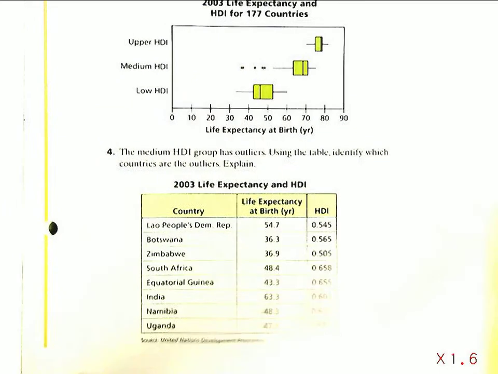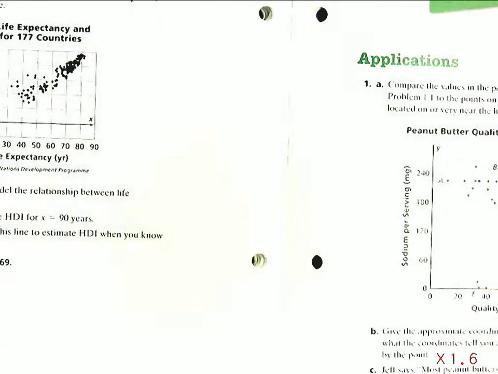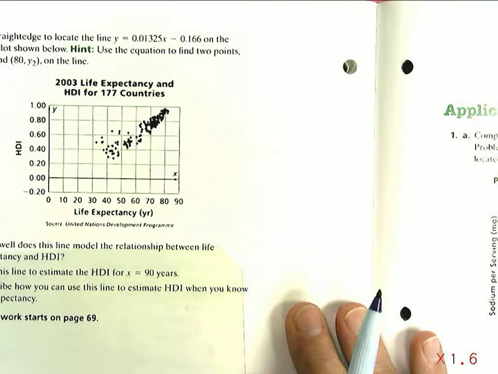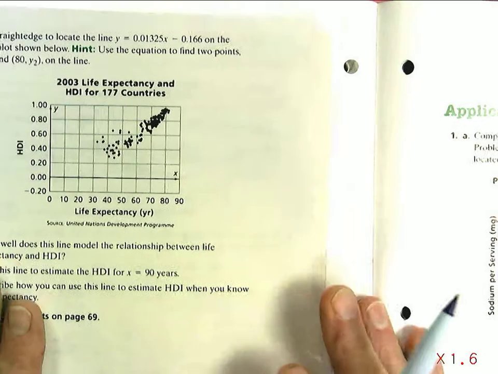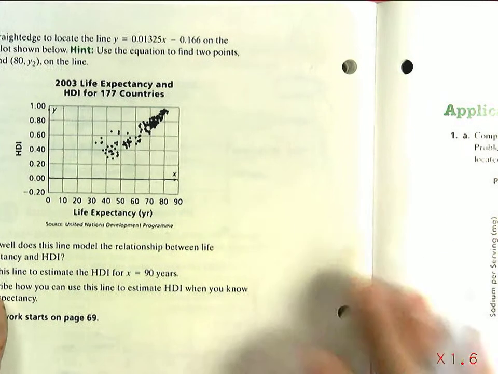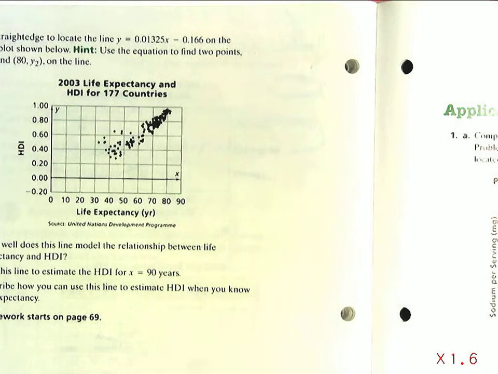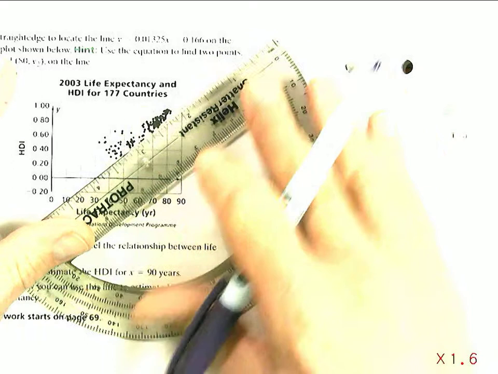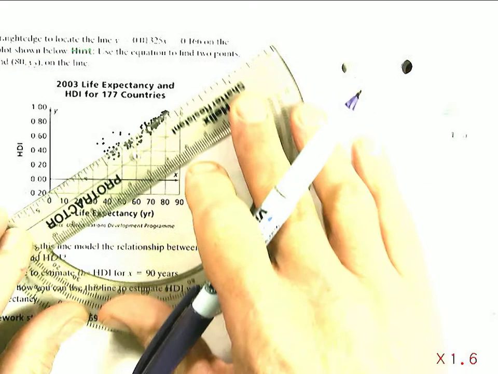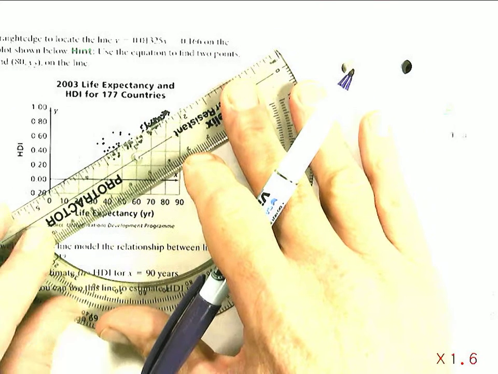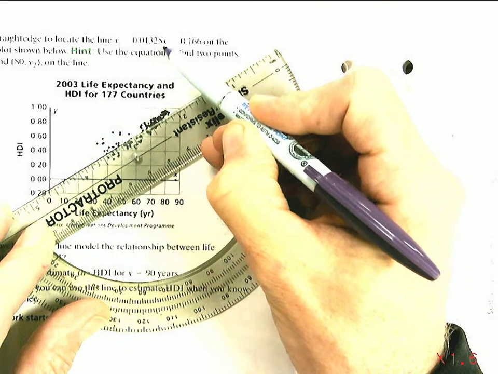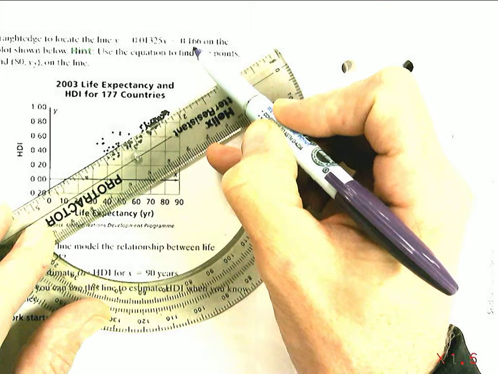And if we flip the page, we're going to look at one last type of data display that we just finished in most of problem 4.1 and 2, and that's a scattered data plot. This one sometimes can be more confusing, but the idea is that we take this scattered data plot and locate a line through that data that goes through a point on the line 0.01325x minus 0.166.